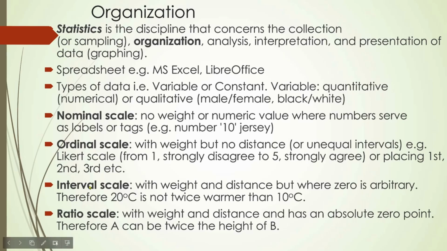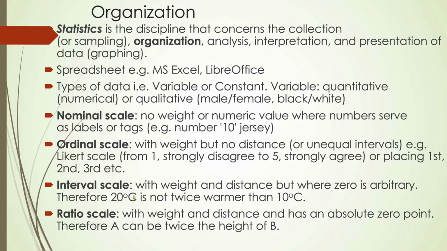For an interval scale, there is weight and distance, but the zero is arbitrary. Here we look at the Celsius scale as an example. 20 degrees Celsius is 1 degree more than 19 degrees Celsius, whereas 21 degrees Celsius is 1 degree more than 20 degrees Celsius.